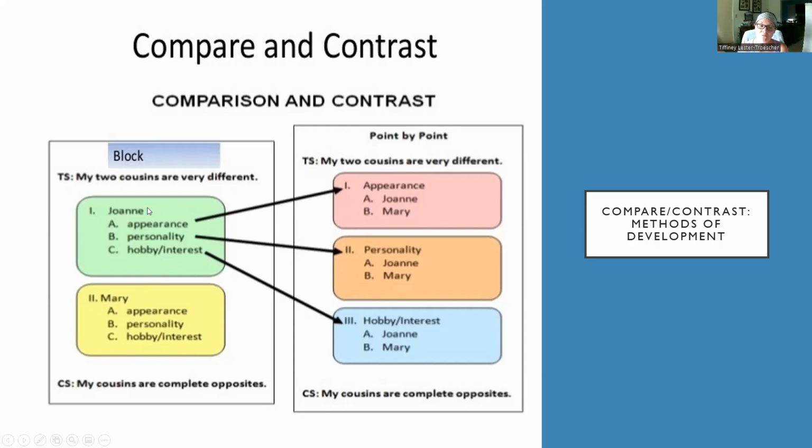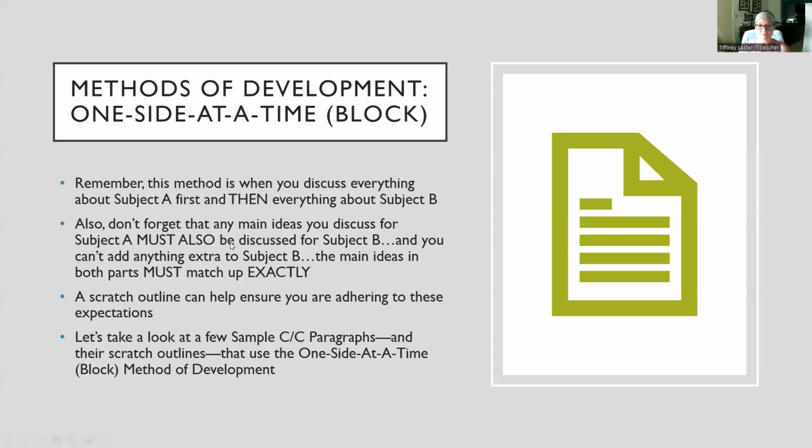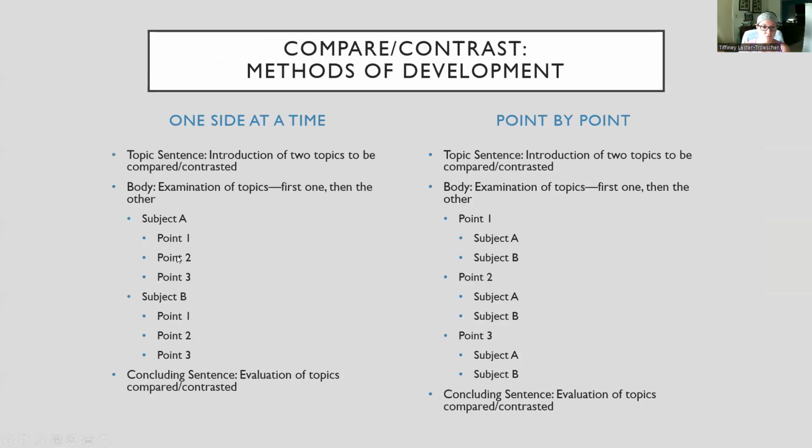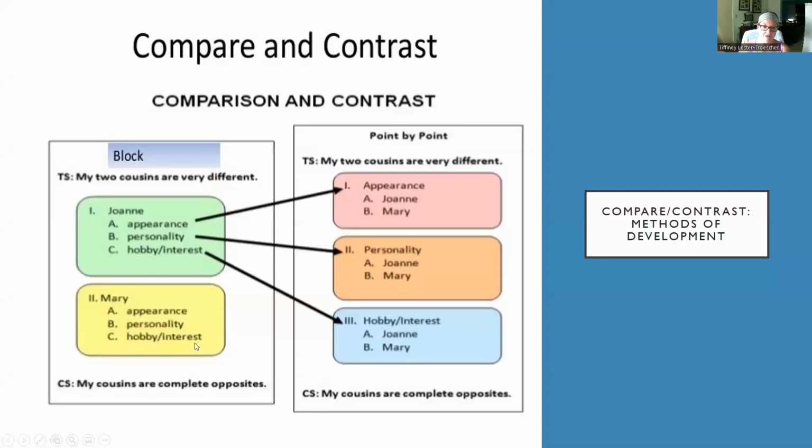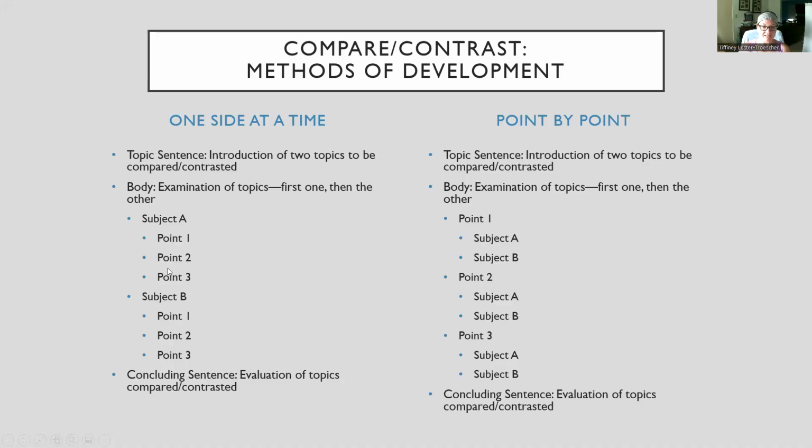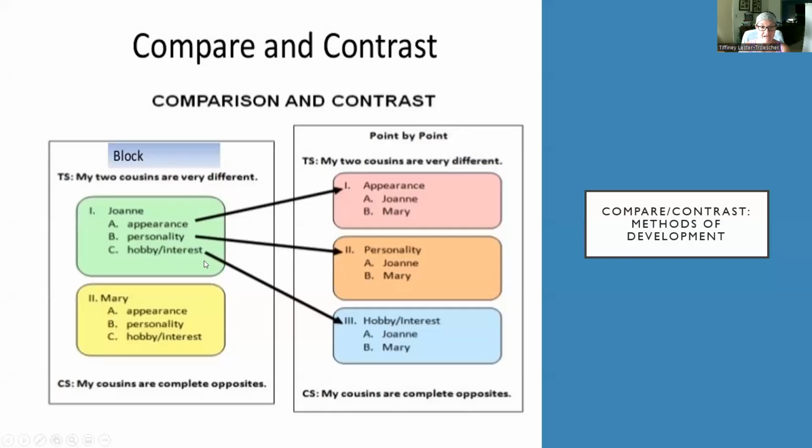So this is what I meant when I said that point 1, point 2, and point 3 here match up exactly to point 1, point 2, and point 3 there, right? That everything under subject A is exactly the same as what will be under subject B.